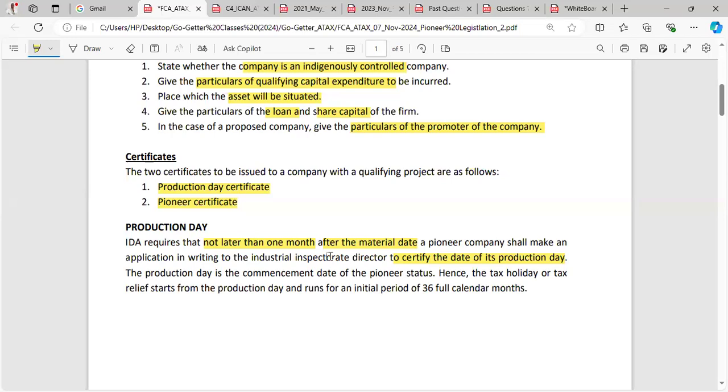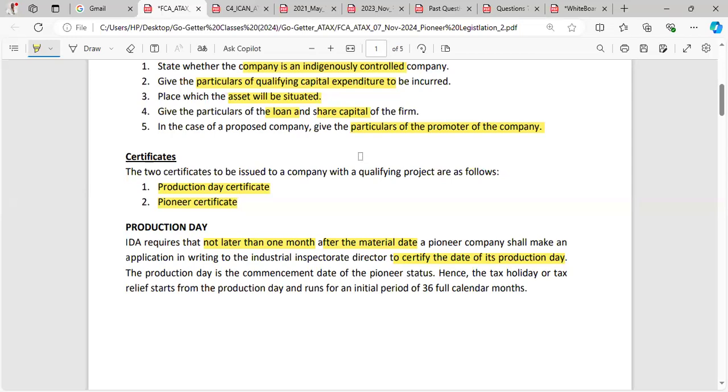You are writing to the inspectorate director to certify your production day. So you are writing that, look, I have started commercial production on 1st of May 2024, and please, can you certify that date as my production date? Now, what is the importance of that?